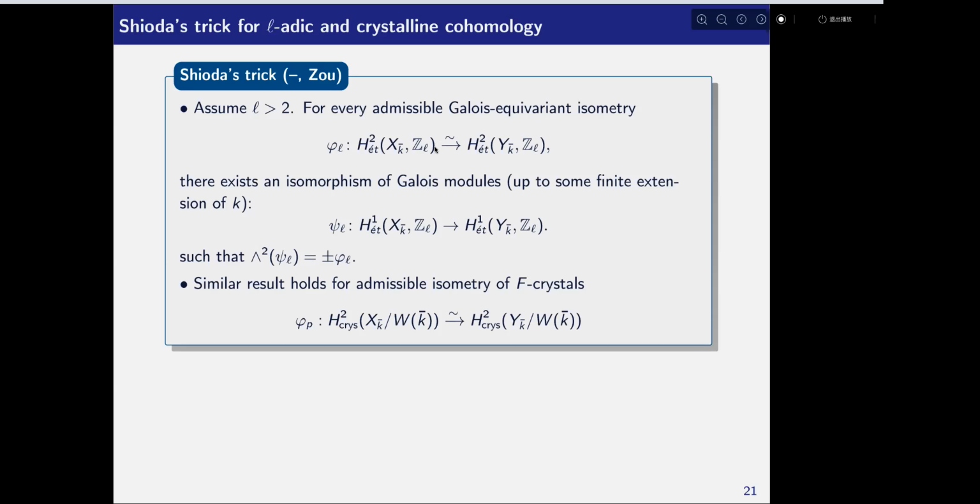Basically this is saying that an admissible Galois equivariant isometry is induced by some Galois isomorphism on H1, such that the wedge 2 of it on H1 gives the isometry on H2, maybe up to a sign. And similar results also hold for the admissible isometry of F crystals.